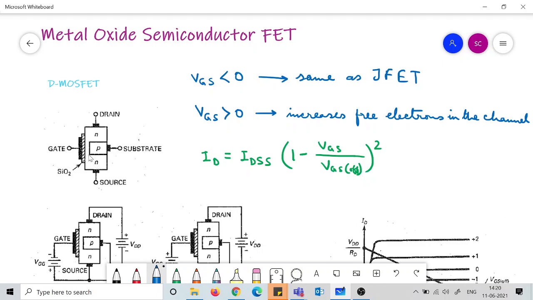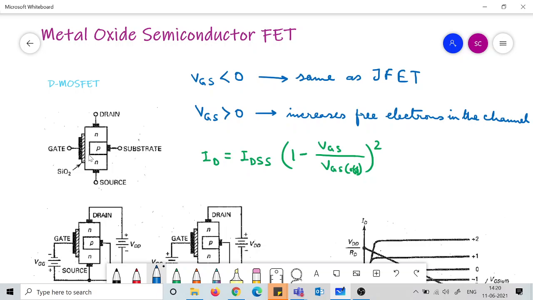So it allows for more flow of current. That means if you make gate source voltage positive, then you will have more current flowing when compared to the current when gate source voltage is 0.